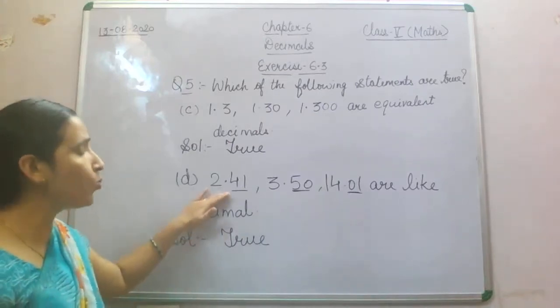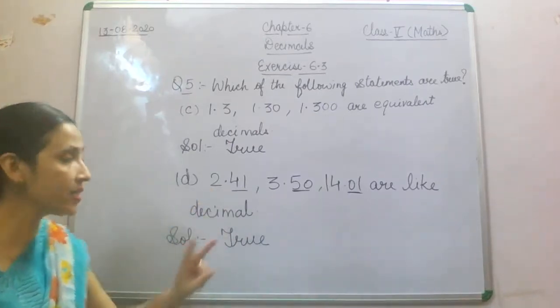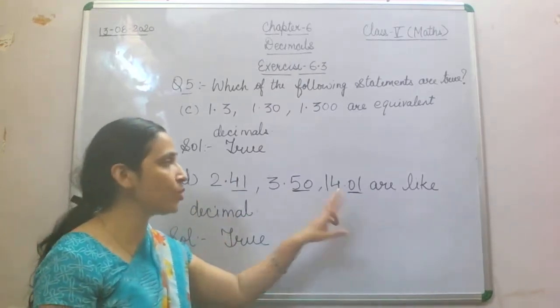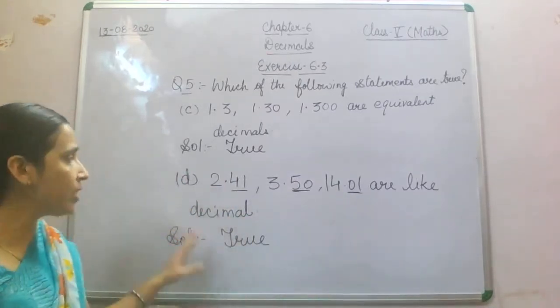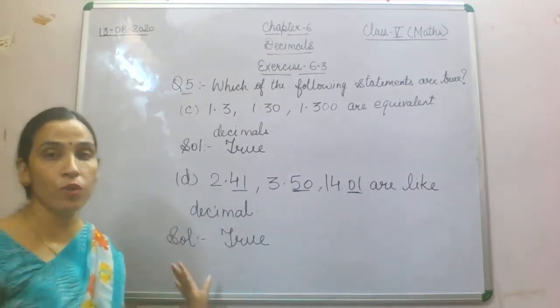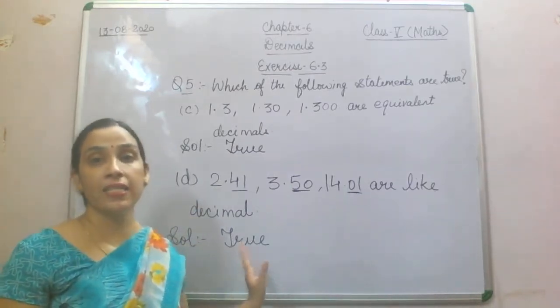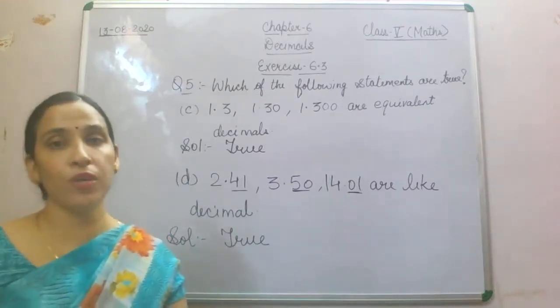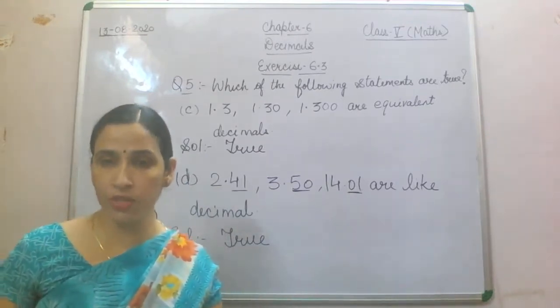So here you can see 2.41, 2 decimal places, 3.50, 2 decimal places, and 14.01, 2 decimal places. So they are like decimals. So what will be the solution here? Yes, the given statement is true. So with this we have completed our question number 5 of exercise 6.3.